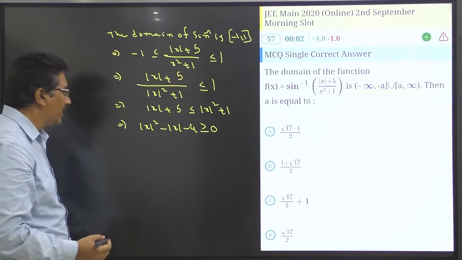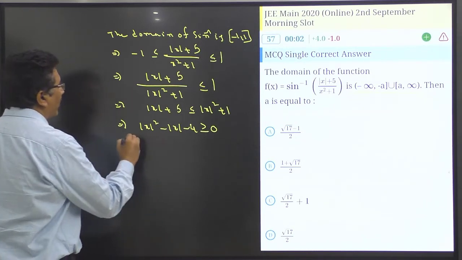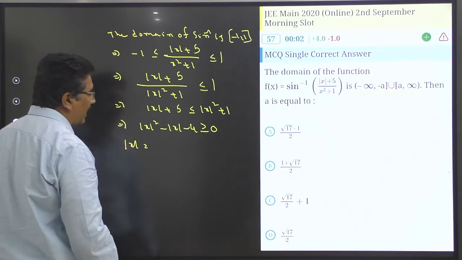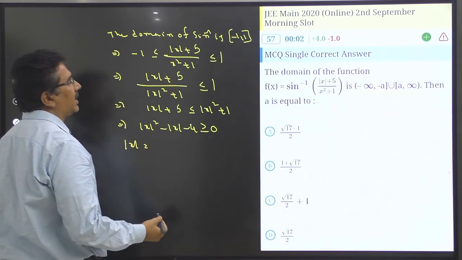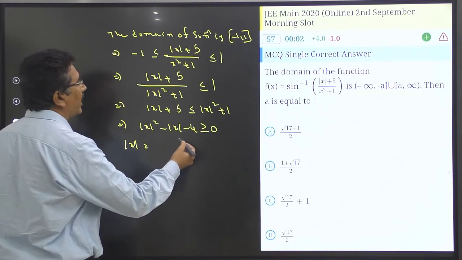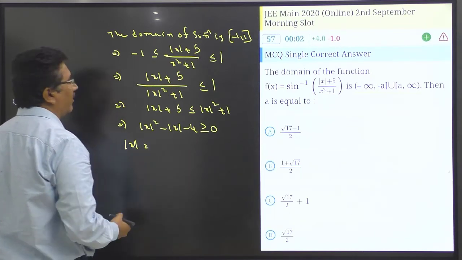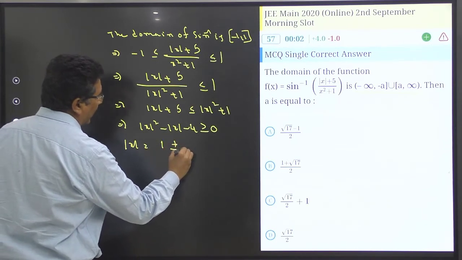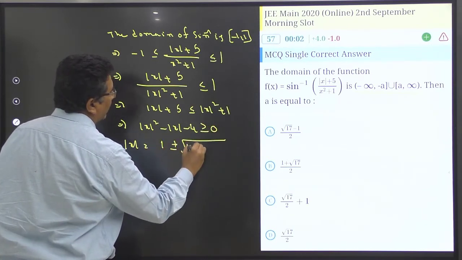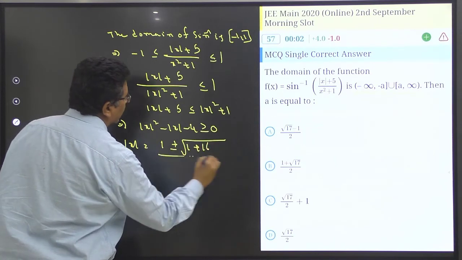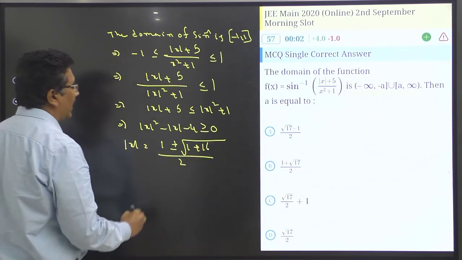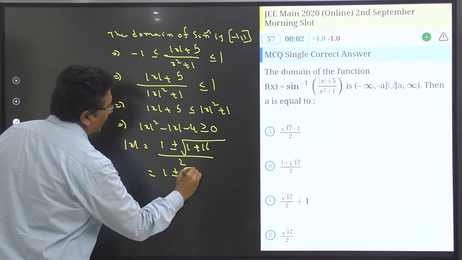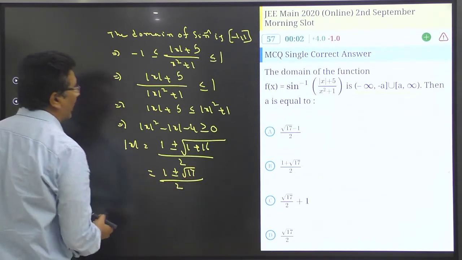For finding the value of mod x, minus b plus or minus square root of b square minus 4ac divided by 2a, that is equal to 1 plus or minus root 17 divided by 2.